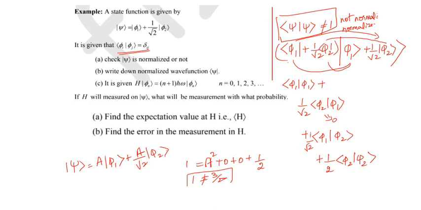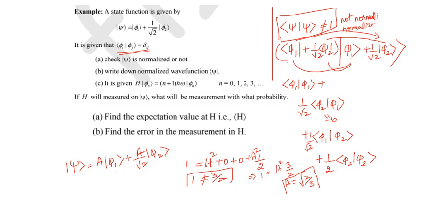So you'll be getting a square plus a square into 1 by 2, so 1 equals a square into 3 by 2, or a equals root of 2 by 3.